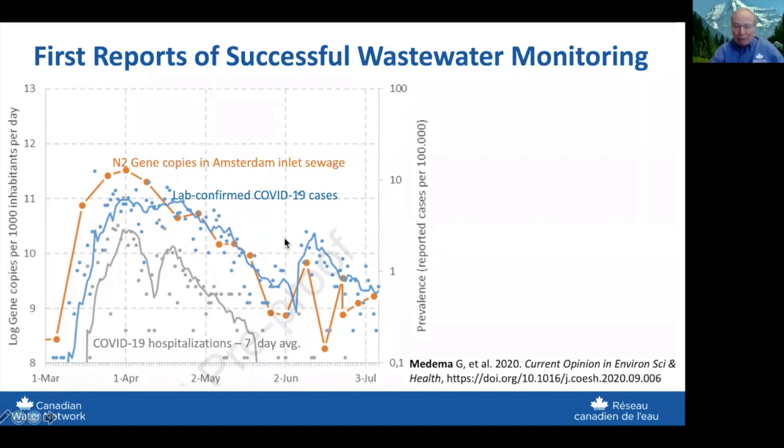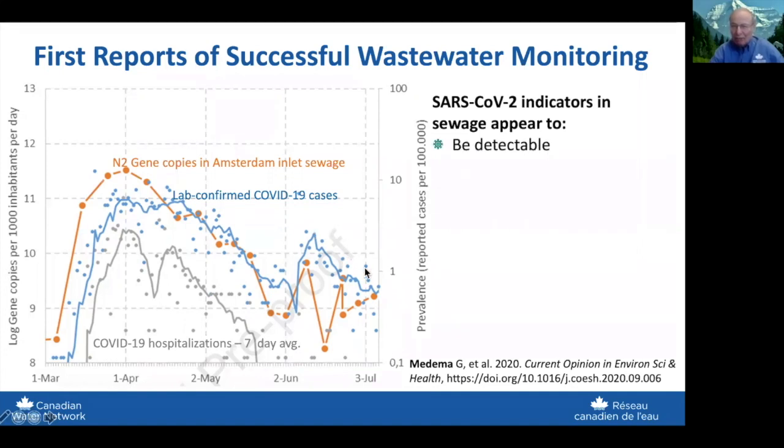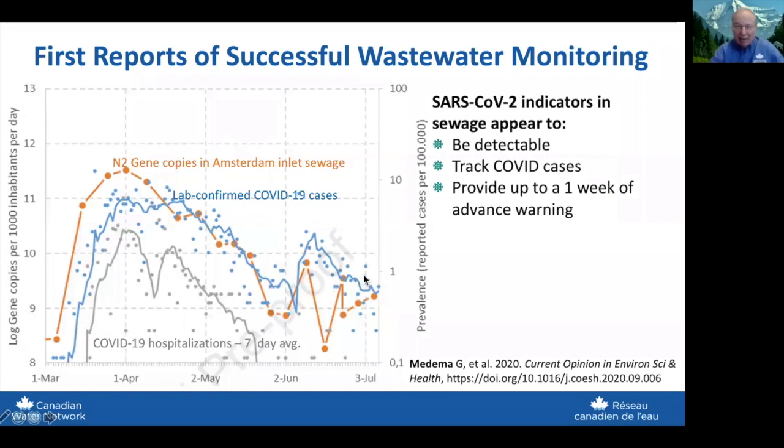So this looks pretty promising. They indicated that there's a lot of promise here in that the virus could be detectable. It allowed tracking the COVID cases. In this case, it appears to provide up to a week of advance warning.